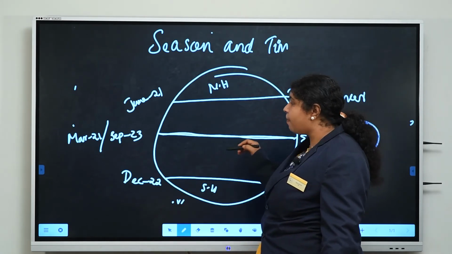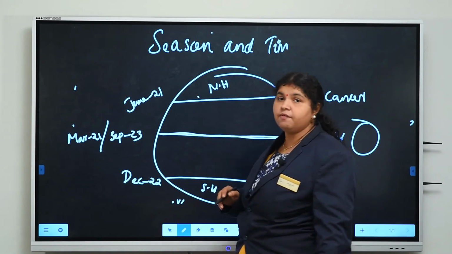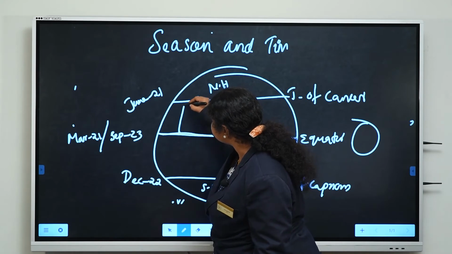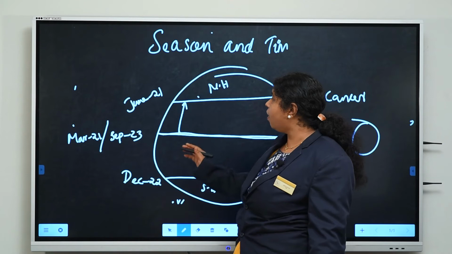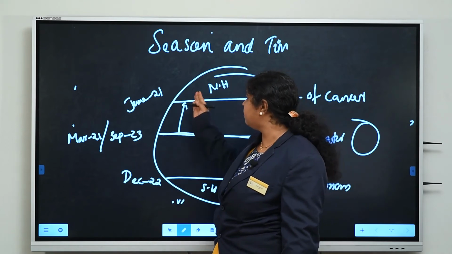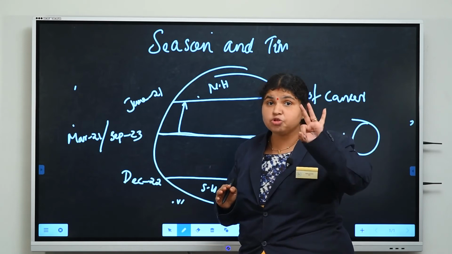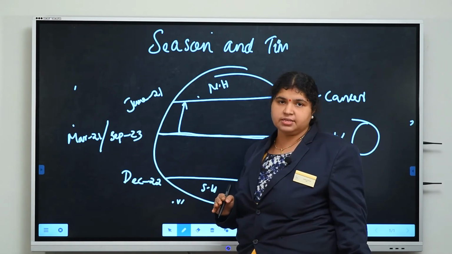Okay, the next apparent movement of the sun is from the equator to the Tropic of Cancer. So on March 21, the sun started its journey to the Tropic of Cancer, and on June 21, the sun reaches the Tropic of Cancer. So it takes 3 months to reach the Tropic of Cancer.